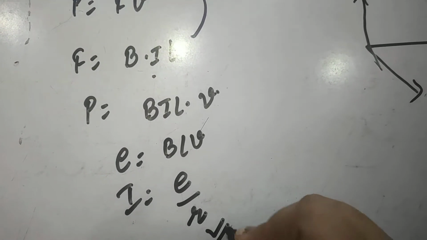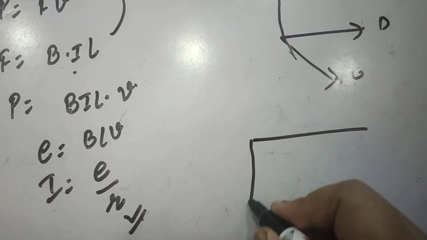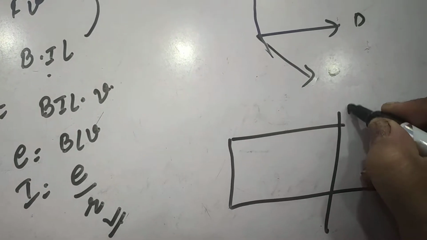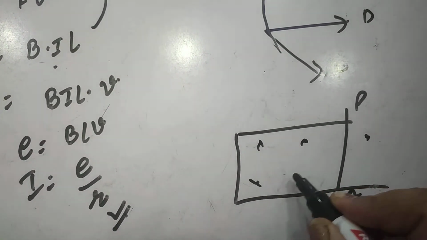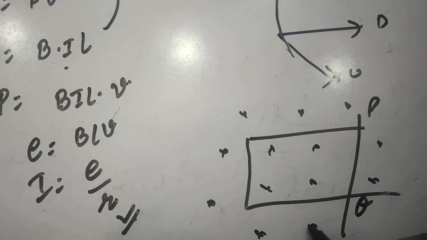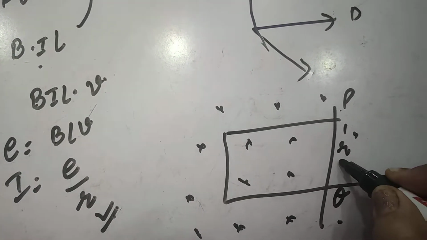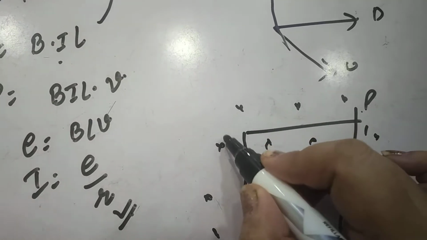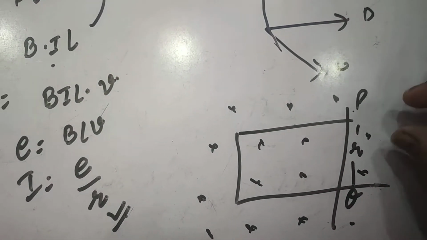Now what is this resistance? Let us consider an arrangement in which this arm PQ can move freely in a uniform magnetic field perpendicular to the paper, directed inward. Let us consider the resistance of this arm is small r, and the rest of the other arms have negligible resistance compared to this arm.